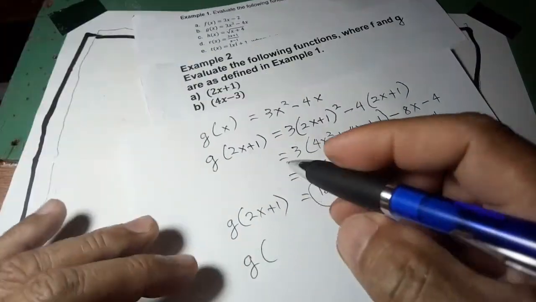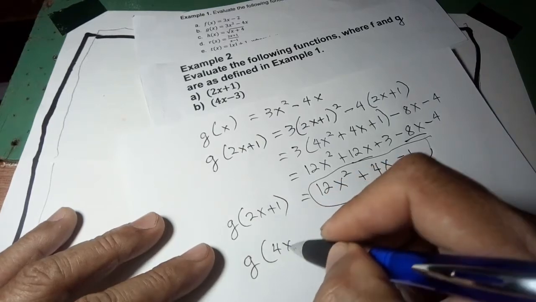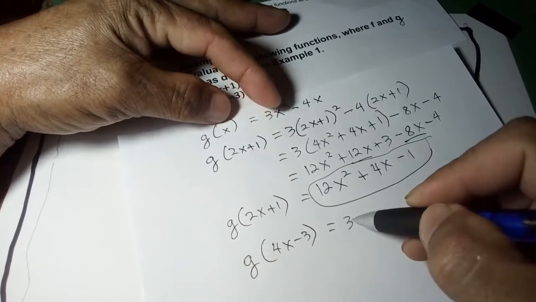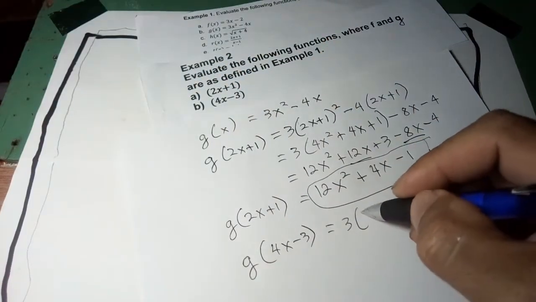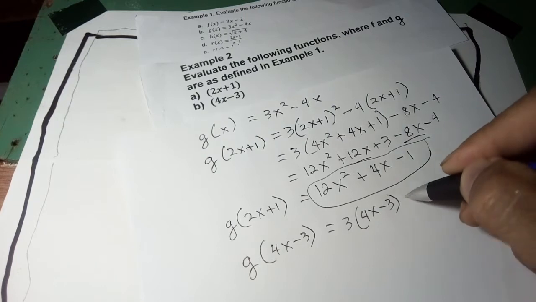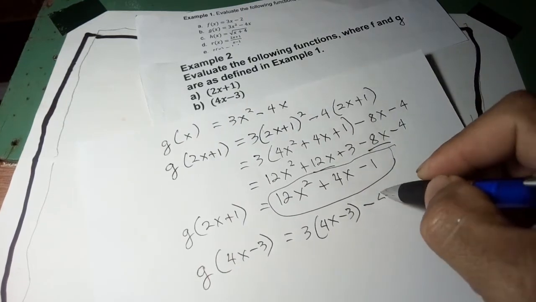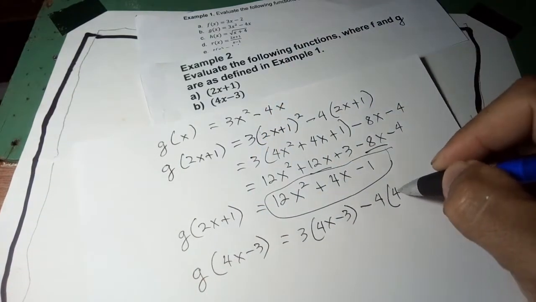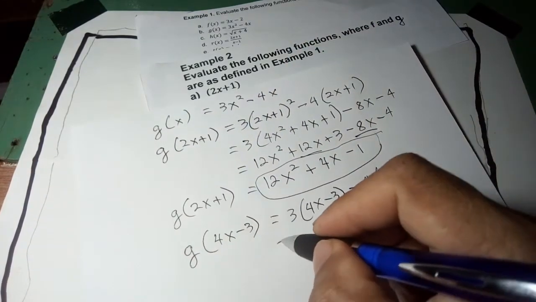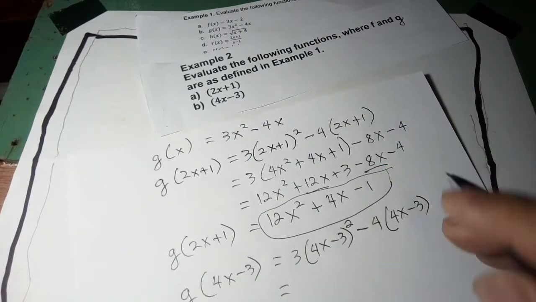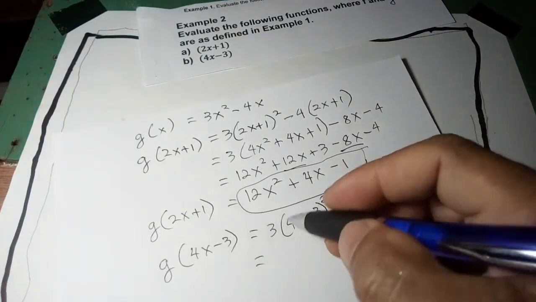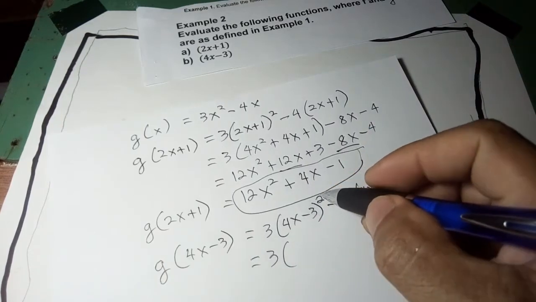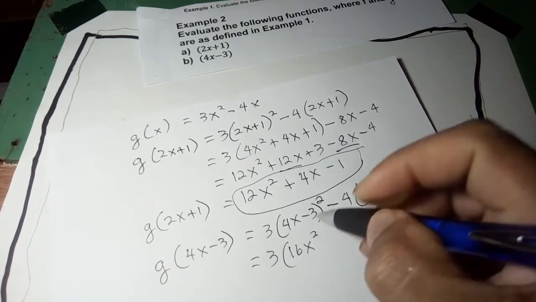How about g of 4x minus 3? So this is equal to 3 times, replace x with 4x minus 3 squared, minus 4 times the value of x, which is 4x minus 3. So expand first the binomial. 4x squared is 16x squared.